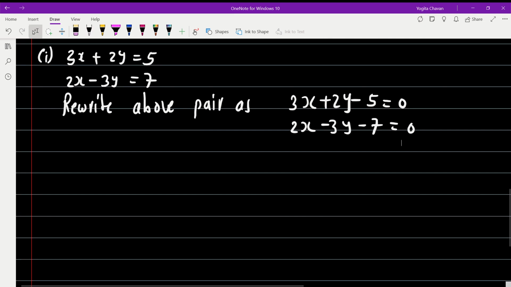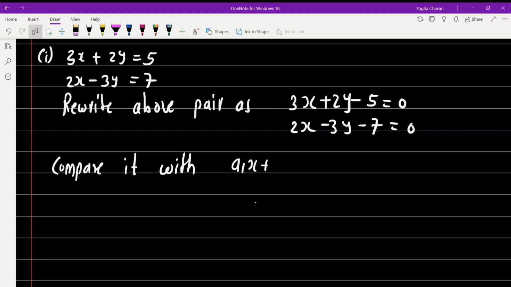Now compare it with a1x plus b1y plus c1 is equal to 0, a2x plus b2y plus c2 is equal to 0.